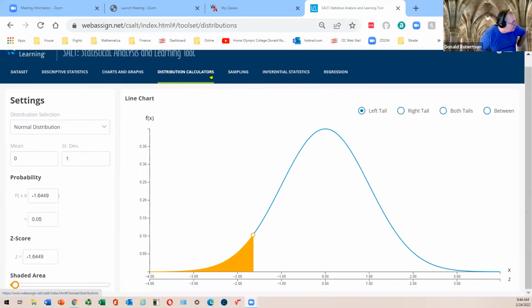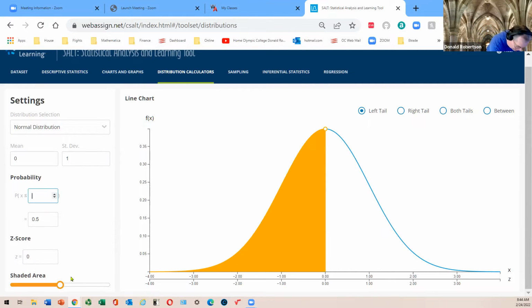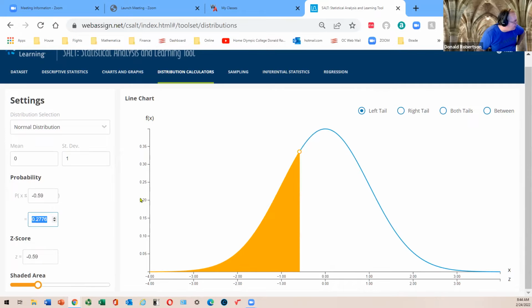So you click on distribution, normal distribution. That's 0, that's 1, leave it alone. We want to find the chances that you get less than negative 0.59. And the answer is that guy there. Would you agree that's a big chunk of change here? That's not that unusual, right? You could easily get that. I'm writing this number down, it's 0.2776.